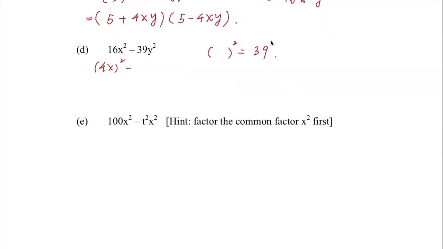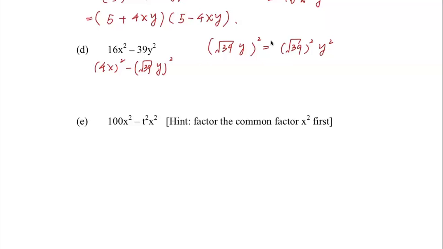We can simply write 39y squared as square root of 39y squared, right? Because we all know how square root works. Square root of 39y squared is equal to square root of 39 squared y squared.